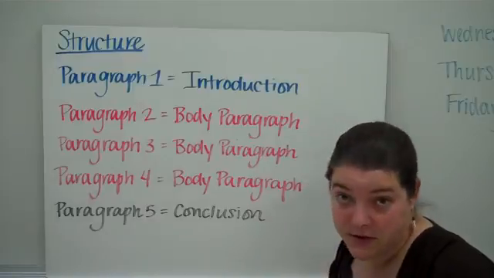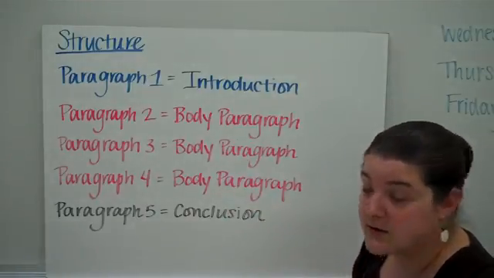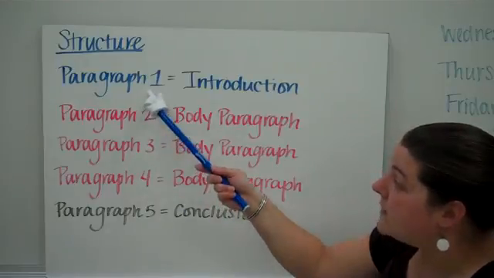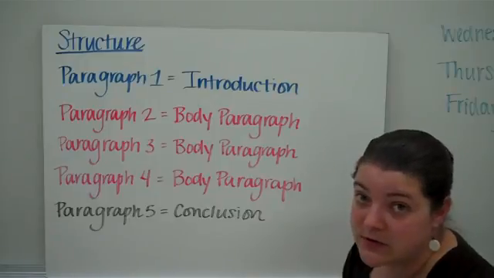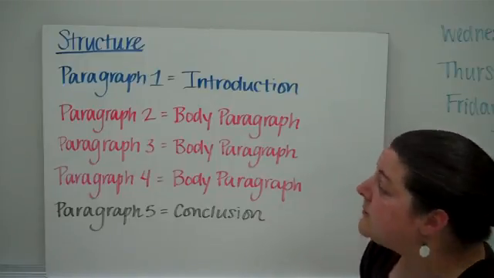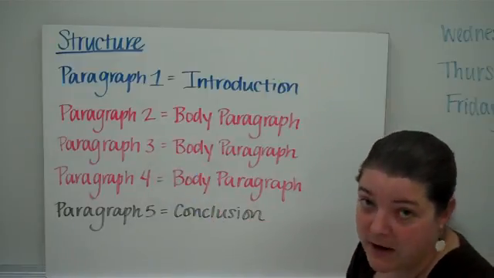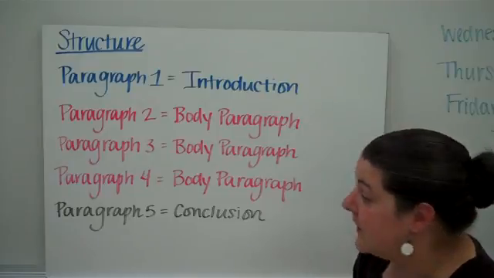So let's start talking about the structure. So you'll notice that I've color-coded this for you. Paragraph 1 is going to be the introduction. That's important because you introduce your topic and your stance to your audience. Paragraph 2 is a body paragraph. That's part of where you will support your idea.